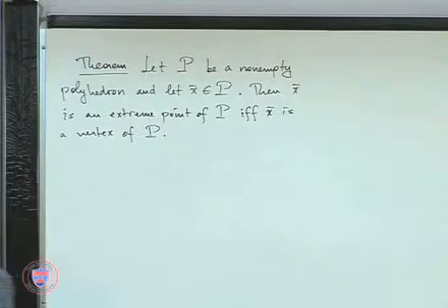So, as a result of this theorem, actually, extreme points and vertices are different names for the same object, okay? For the same geometrical object.